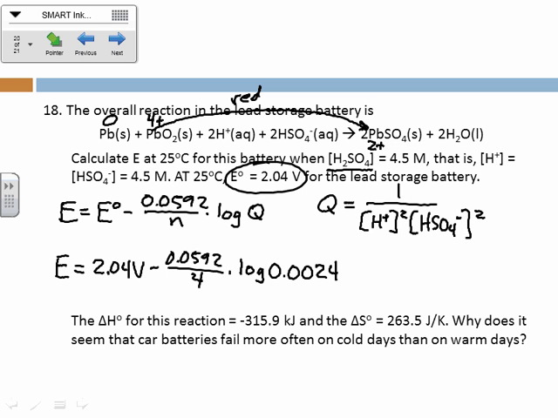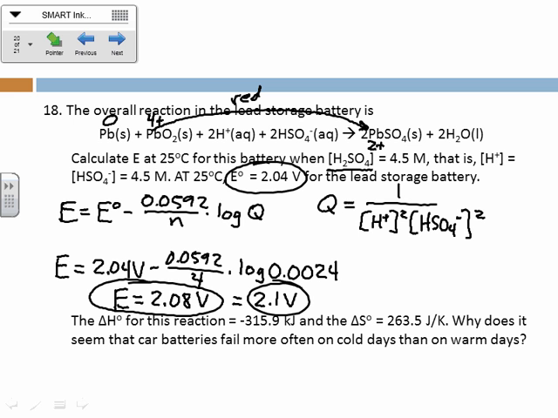Oh, that's what I did. Okay, so I'm getting about 2.07 here. Okay, not a huge jump in voltage. 2.08 for the voltage. Now, I like this second part of the question here. What did I do? Oh, 4.5 molar. Sorry, so it'd be 2.1. 2.1 volts if we're worrying about the sig figs here.